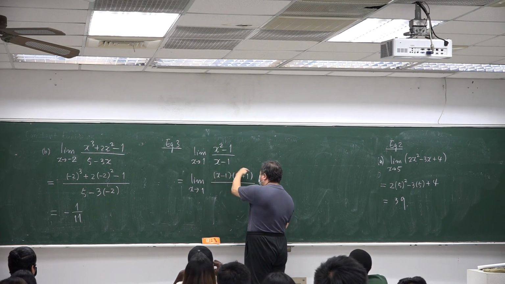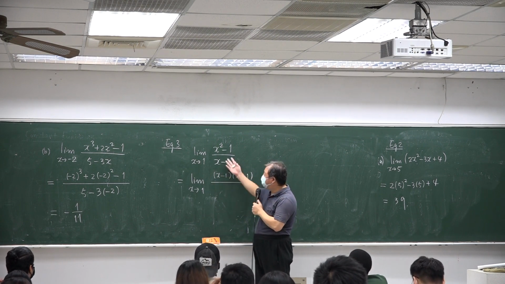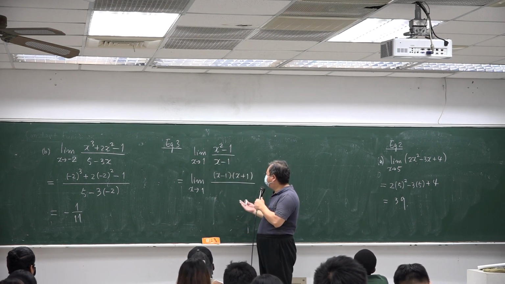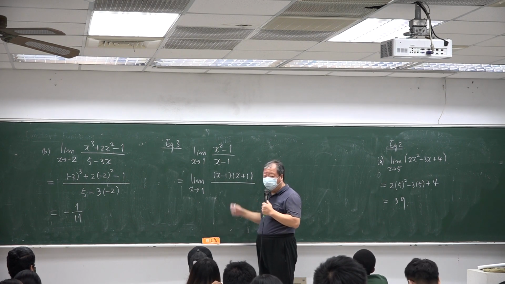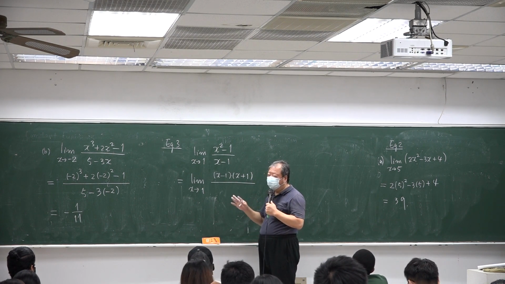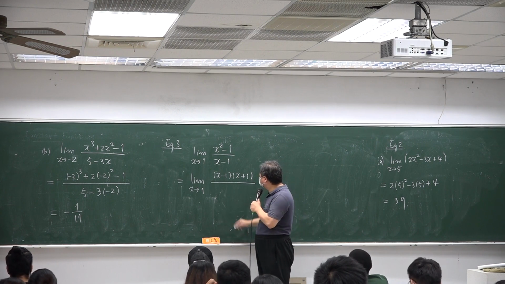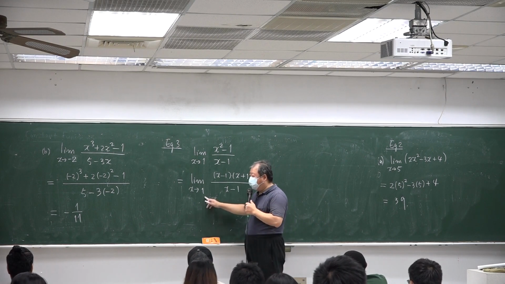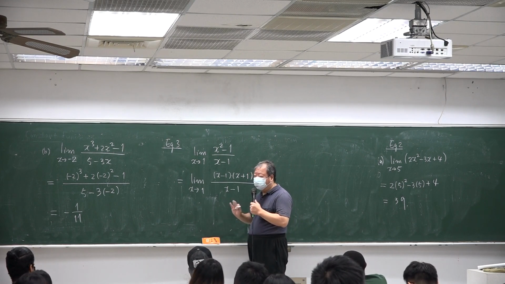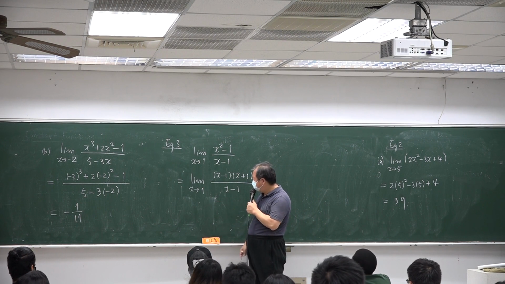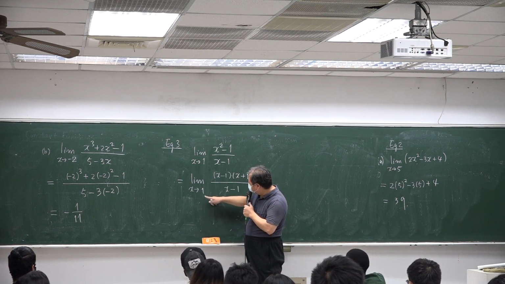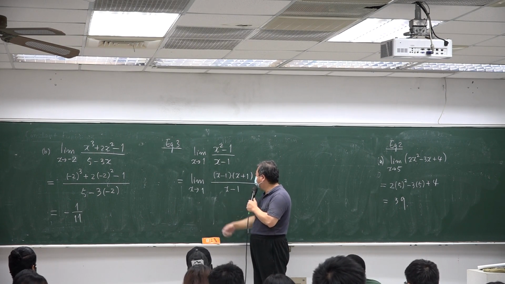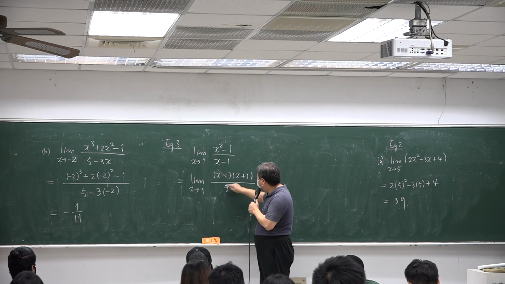Then we obtain a so-called formula, but behind this formula we just use the distributive law, maybe the commutative law and the associative law of addition and multiplication. So x is not 1. We never concern x being 1 when we talk about limit. So if x is not 1, this is non-zero.